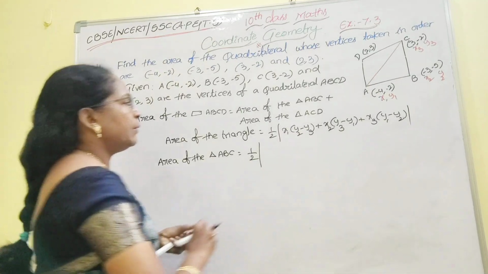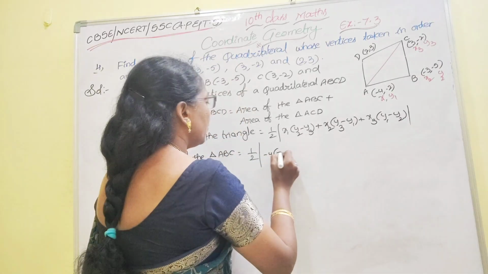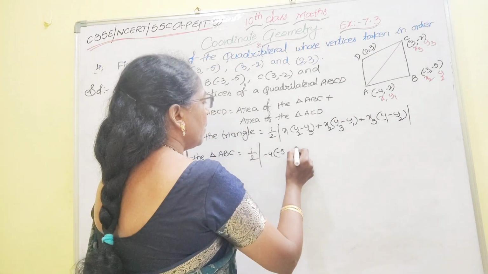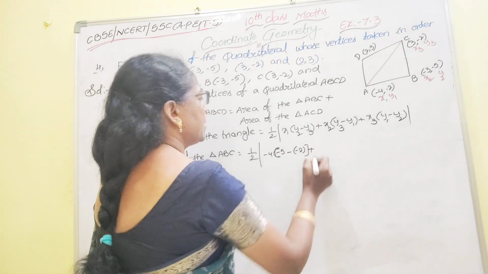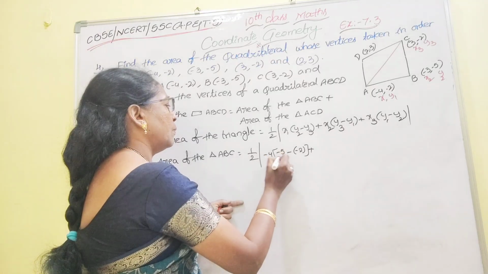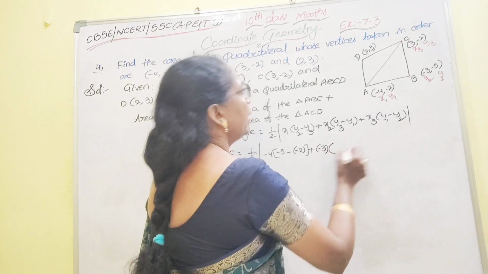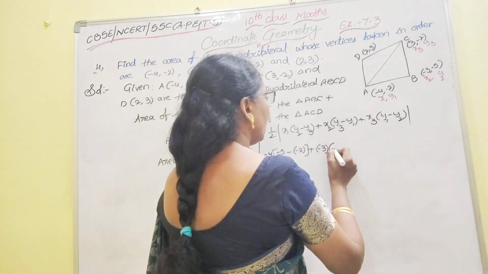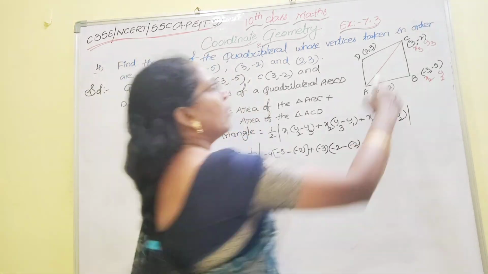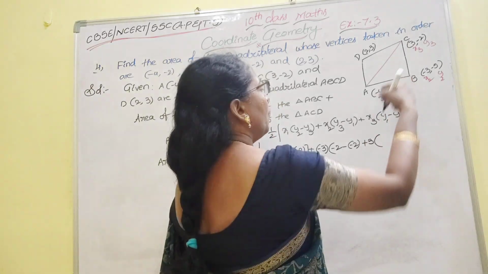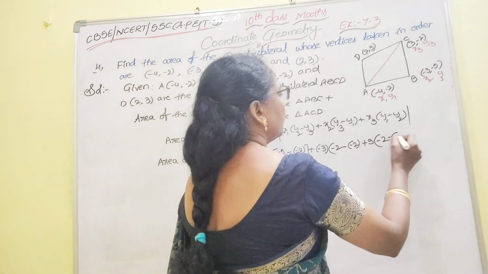Now half into, where x1 equals -4, into y2 minus y3, where y2 equals -5 and y3 equals -2, so minus of -2, plus x2, where x2 equals -3, keep in bracket, into y3 minus y1, where y3 equals -2 and y1 equals -2, plus x3 equals 3 into y1 minus y2, where y1 equals -2 and y2 equals -5.